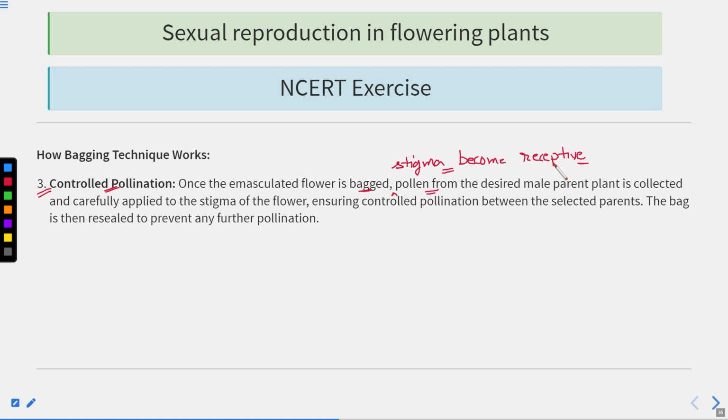Then the pollen from the desired male parent plant is collected and carefully dusted onto the stigma of the emasculated flower. This ensures controlled pollination between the selected parents, and then the bag is resealed to prevent any further pollination from unwanted pollen.